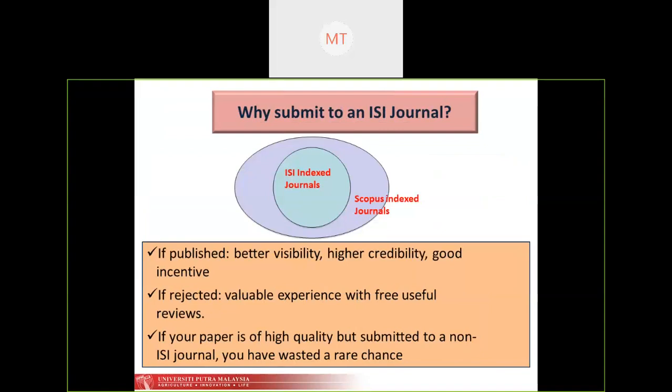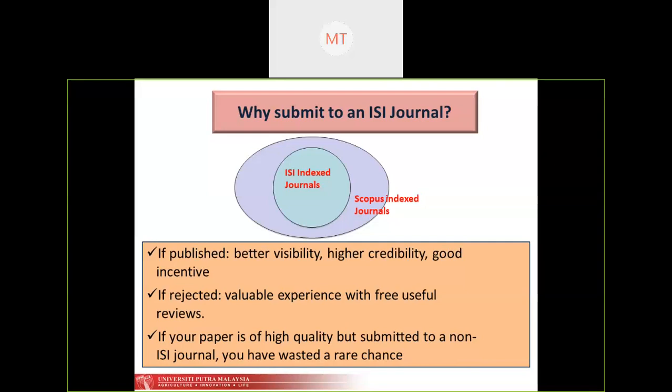As I said to you, in order for a researcher to be visible internationally, he or she needs to publish in ISI journals. For example, we have Q4, Q3, Q2, Q1 journals.